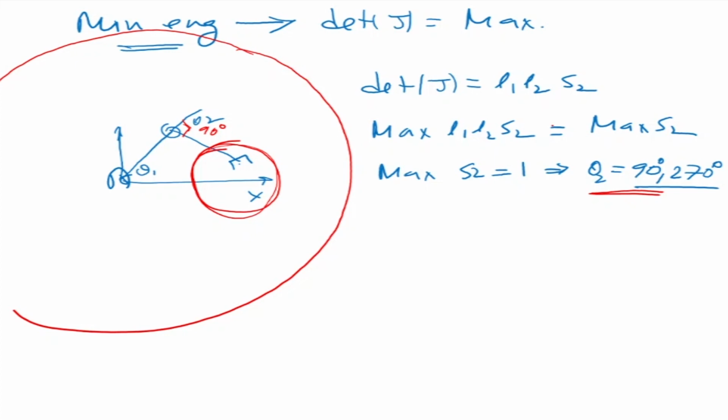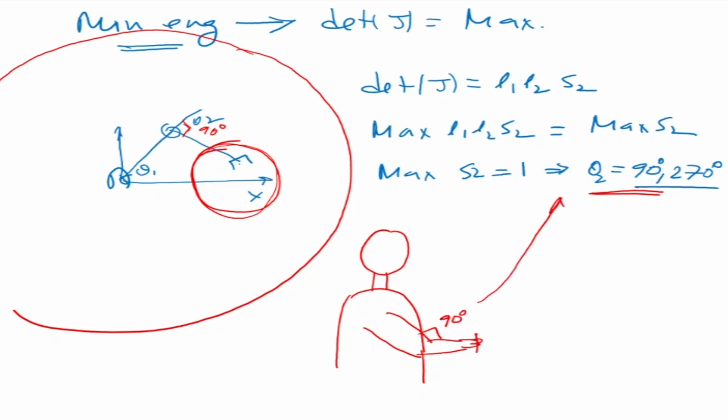Now it's also important to look at the case of a human being. When you're writing with pen and paper, this angle is 90 degrees. Why is this angle 90 degrees? Because you're minimizing energy.